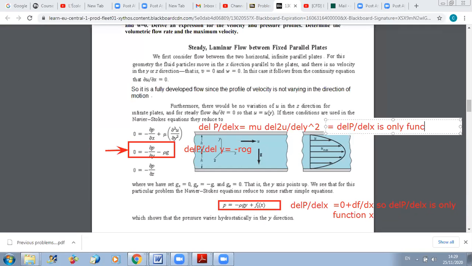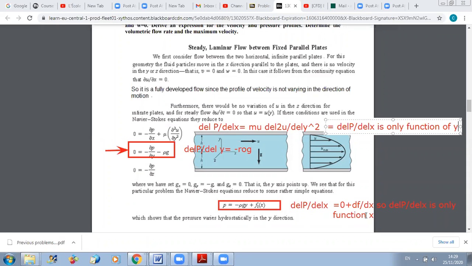Because U is only a function of Y. And now you have two opposing results, because the first equation tells you that del P by del X is only a function of Y, and the second equation tells you that del P by del X is only a function of X. So what is the only possible solution for this?